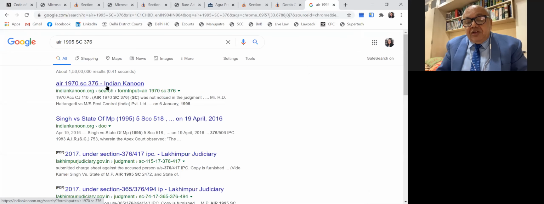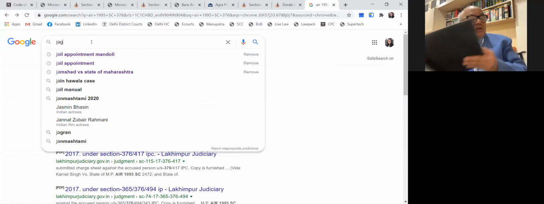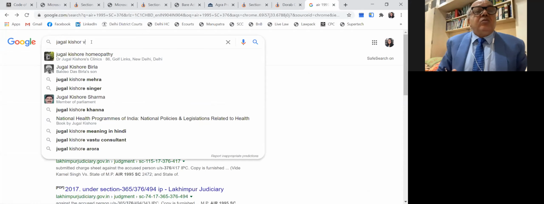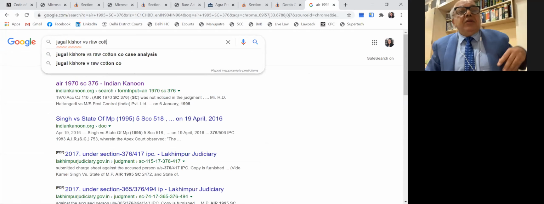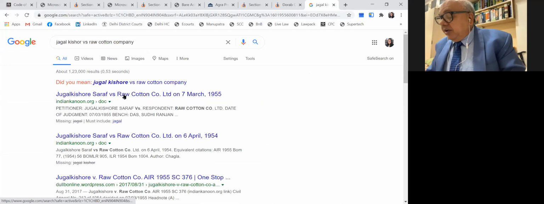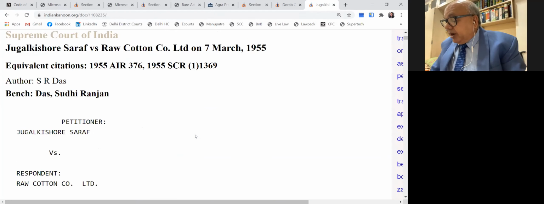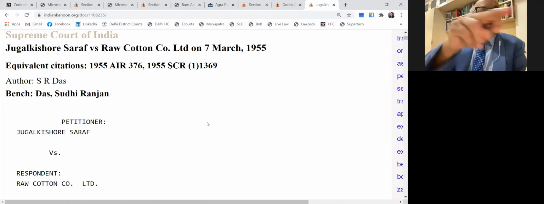The parties' names are Jagal Kishore versus Raw Cotton Company. Just before I discuss this judgment, I mentioned that the legal representatives claiming under a person can execute a decree under 146.